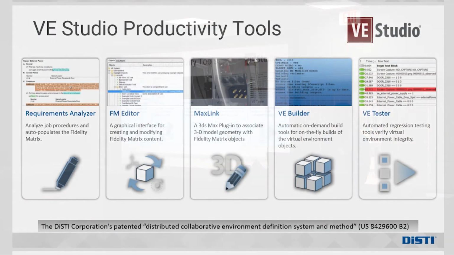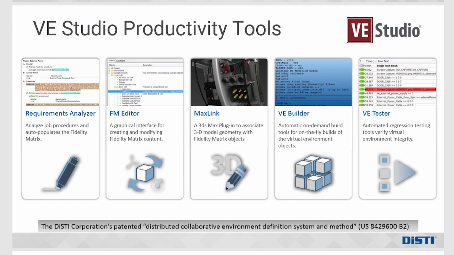So at DiSTI, we have a set of tools that we use for our data management. The requirements analyzer tool helps us do the procedure analysis where we're parsing PDF files of the OEM procedures to pull out those nouns and verbs so that the engineers know what they need to implement. We have the fidelity matrix editor that helps us edit the database of content.